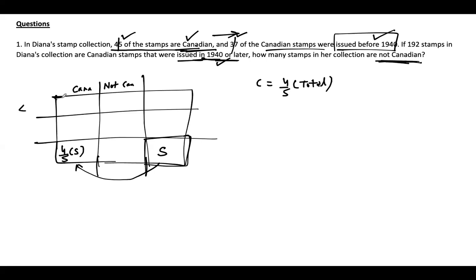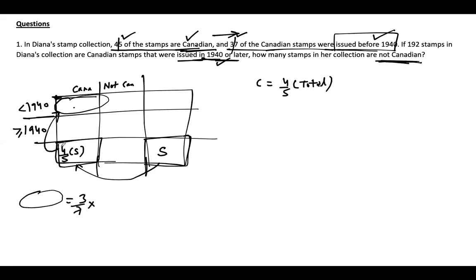Let's say this represents before 1940, and this represents 1940 or later. So 3/7 of this value were issued before 1940. So this circle's value is 3 by 7 of the Canadian stamps, which is 4 by 5 S, which is 12 by 35 S.